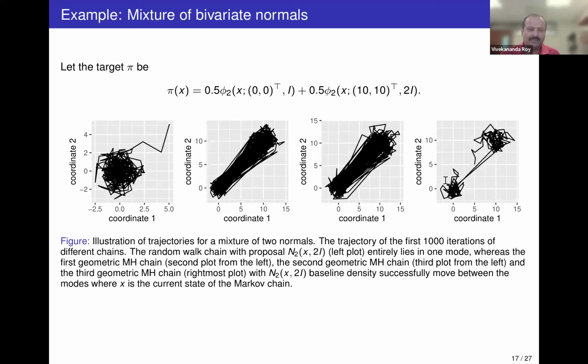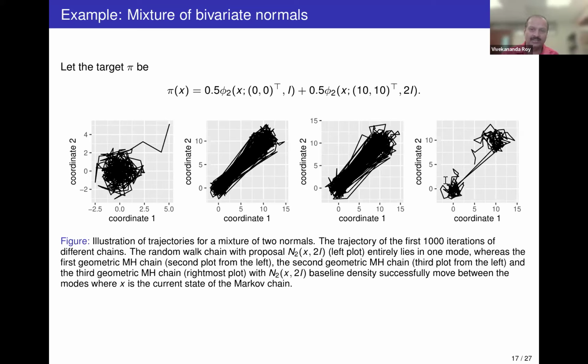The first plot on the left is the random walk, the first 1000 iterations of the trajectory. And as you can see, it is trapped in a local mode, and it fails to come out of that mode even after 100,000 iterations.